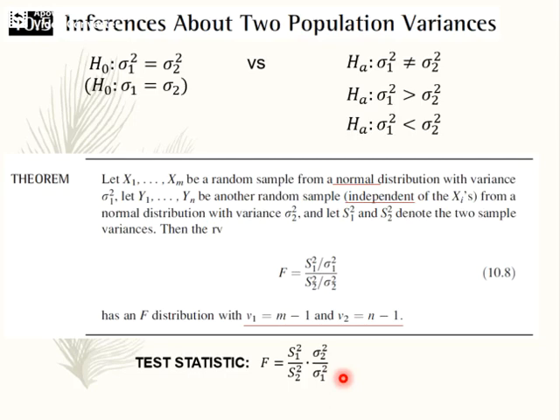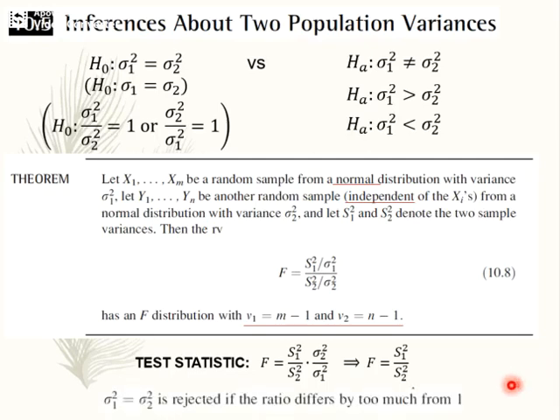Now remember, under the null hypothesis, we assume equality of variances. So another way of expressing this null is saying that sigma 1 squared over sigma 2 squared is equal to 1, or even the reciprocal is equal to 1. So all of these hypotheses in the brackets are equivalent to that one. If we know that under the null hypothesis this thing is equal to 1, then if we apply it here, we end up with this as our test statistic.